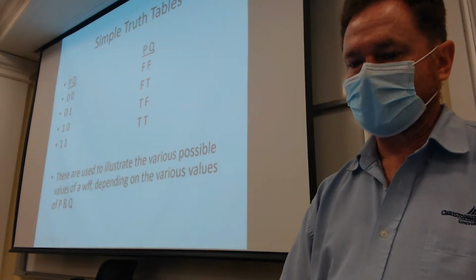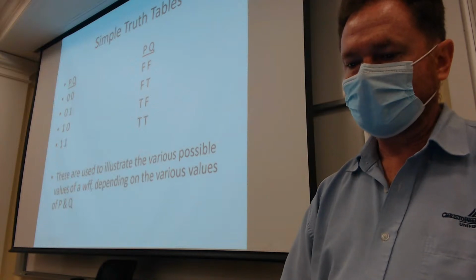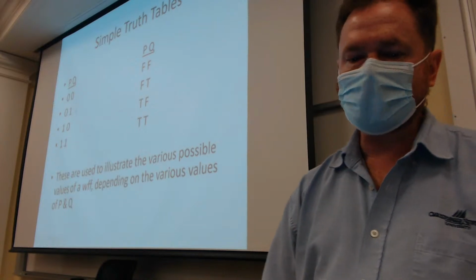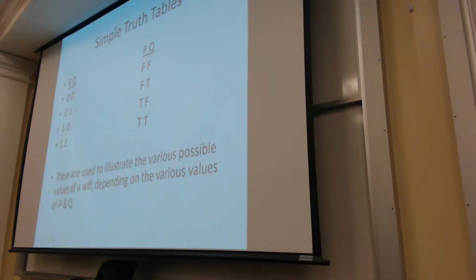What you do is you set up all the letters of a statement on the left side of the truth table. You set up alternating trues and falses for the innermost, and then you double it for each subsequent letter.